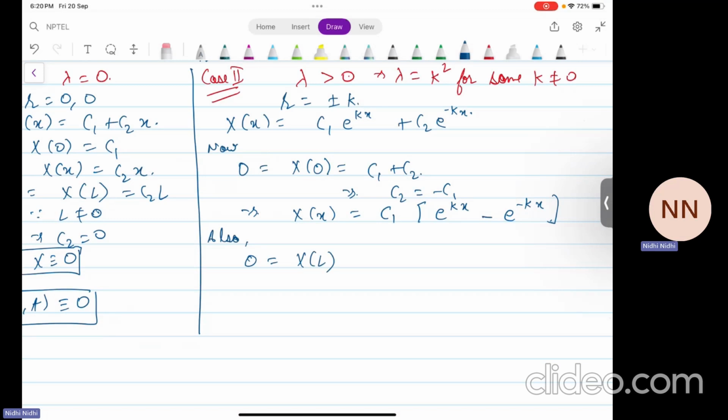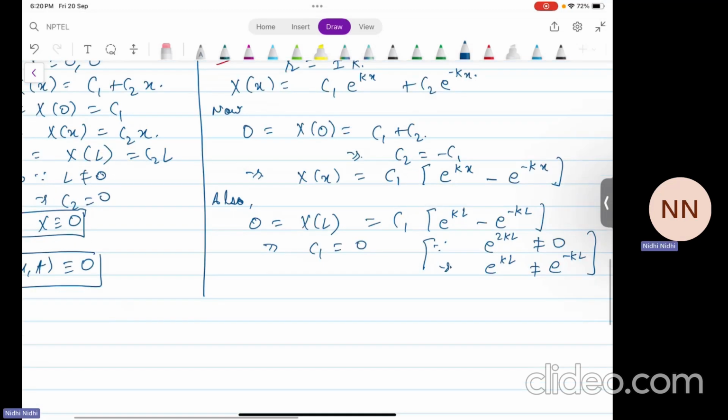X at L is also equal to 0, which is c1 times e to the power kL minus e to the power minus kL. This gives us that c1 must be 0 because e to the power 2kL is never 1, which implies e to the power kL is never equal to e to the power minus kL.